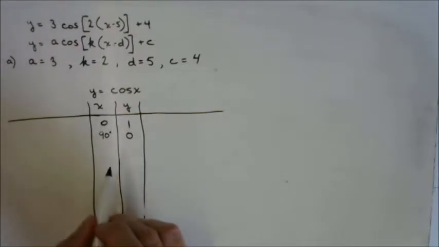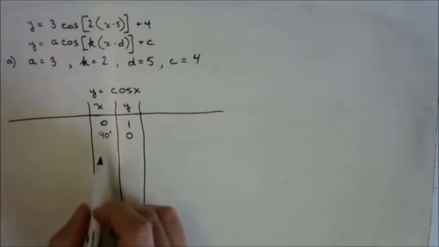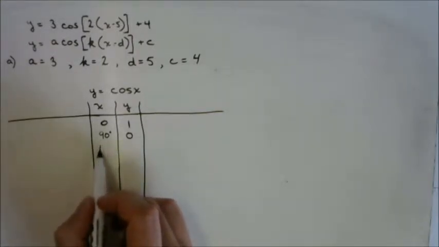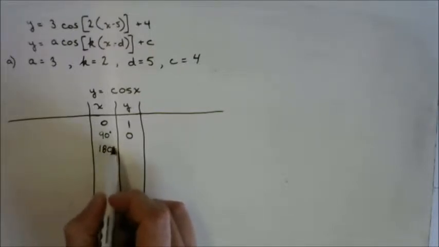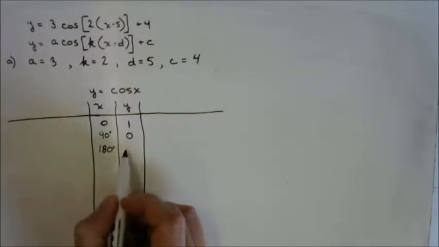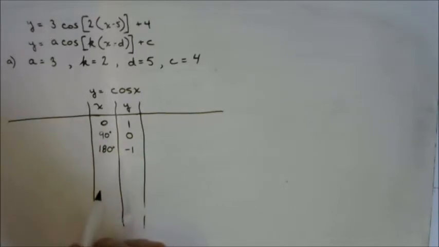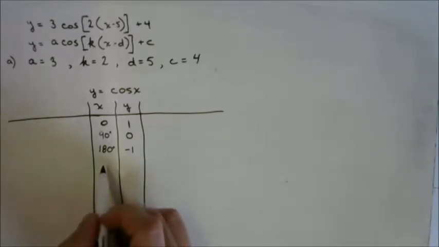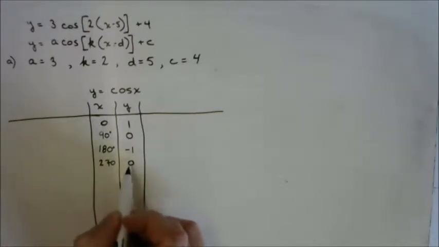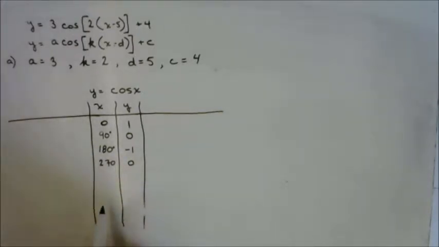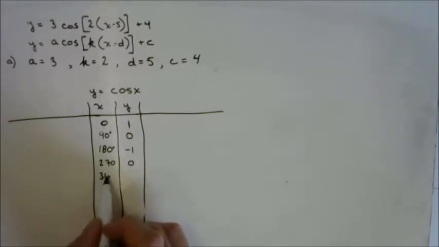When does it hit its minimum? At 180 degrees, it's worth -1. Then it crosses the x-axis again at 270, so it's got a y value of 0 at 270. And then it hits its max again at 360, having completed 1 full rotation.